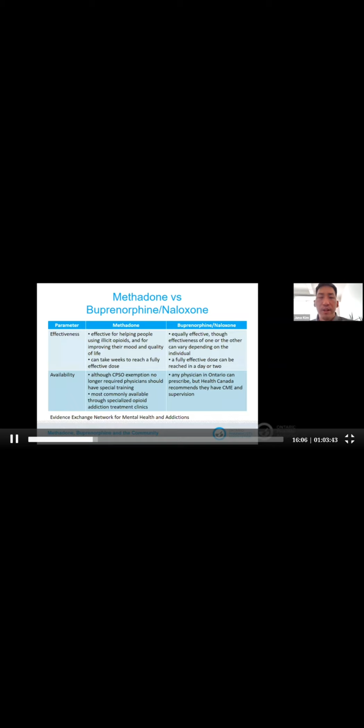So again, these are two good options. In terms of availability, they should be fairly widely available throughout Ontario. So again, patients should have relatively good access to both these medications.